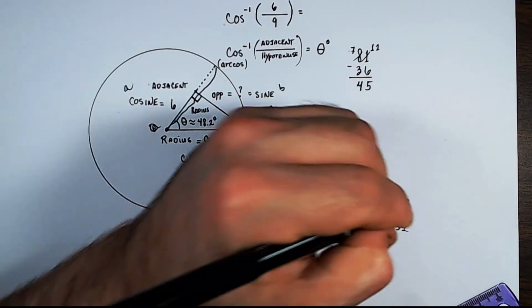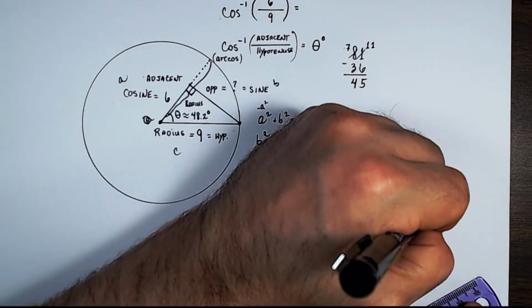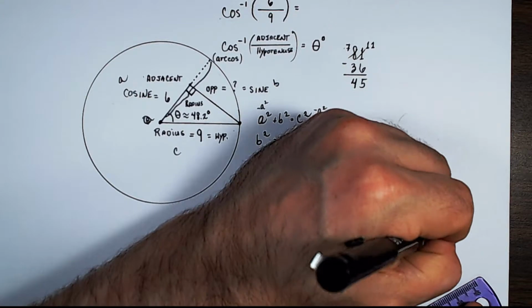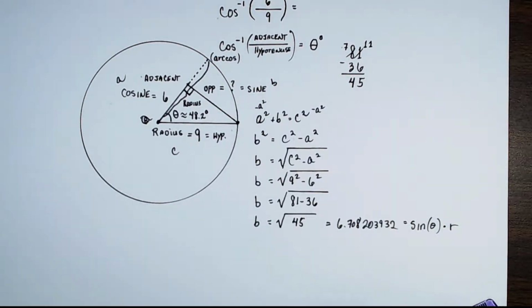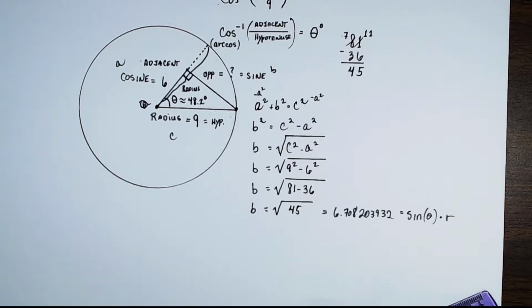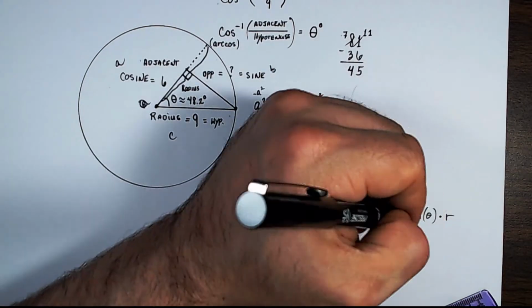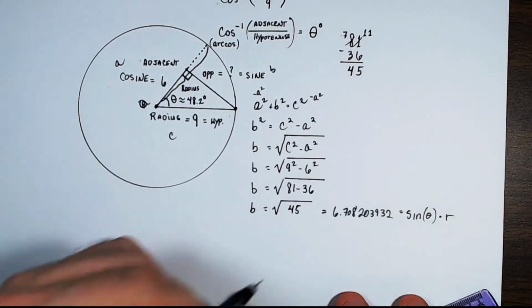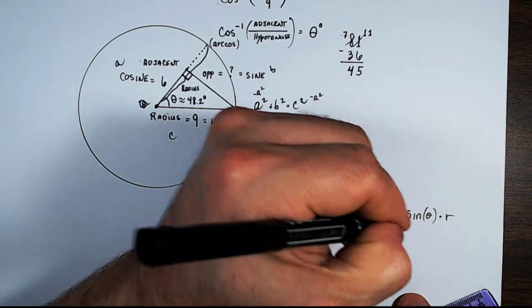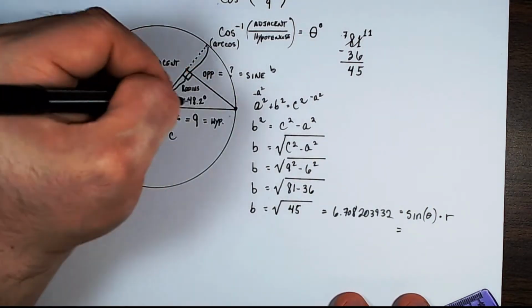And this is equal to the sine of theta multiplied by the radius. Okay? So the sine of theta multiplied by the radius equals 6.708 and so on. Well, let's double check that, because we're kind of far afield now. What is theta? Theta equals 48.2.